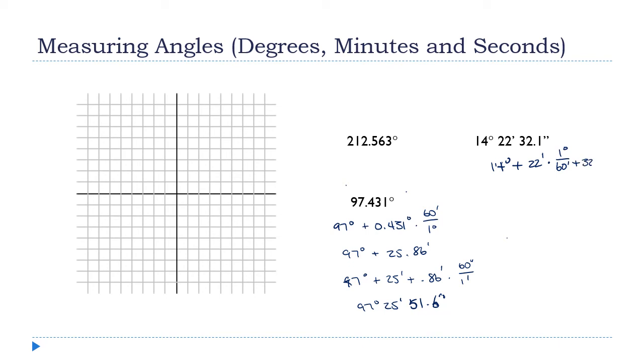Plus 32.1 times 1 degree per 3600 seconds. Now you get your calculator out. You put these numbers into your calculator and you get 14.359 degrees. And there's our answer.